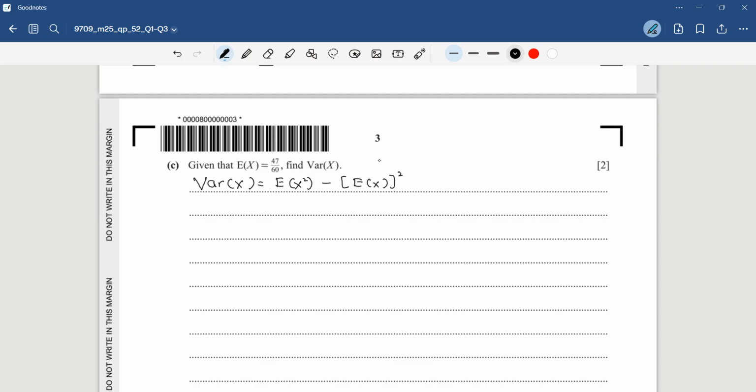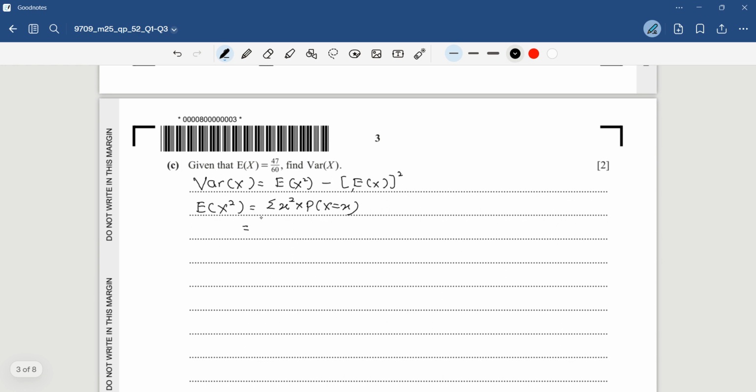Okay, so E(X) is already given as 47 over 60, so we need to find E(X squared). The formula is the sum of x squared multiplied by the probability of X equal to x.